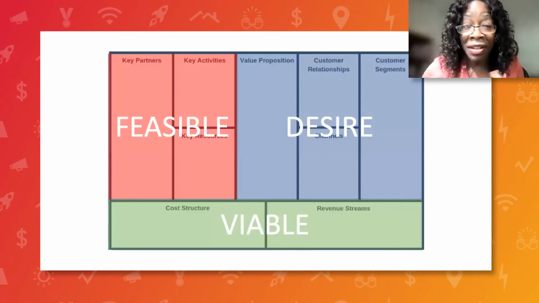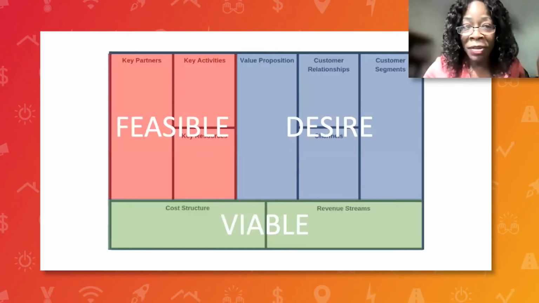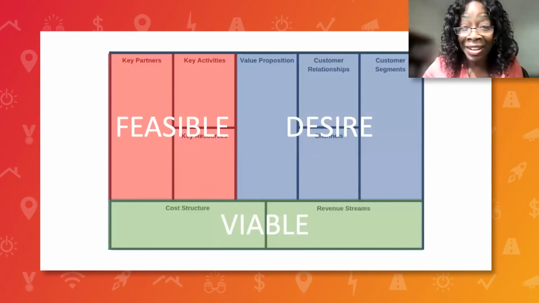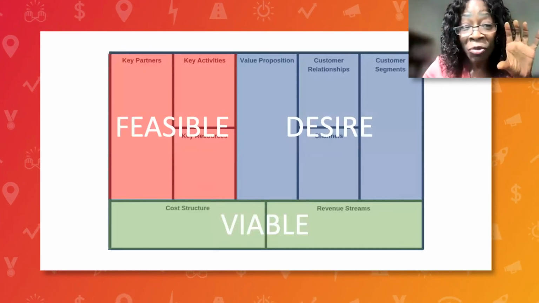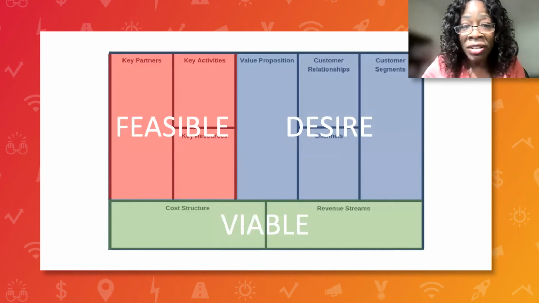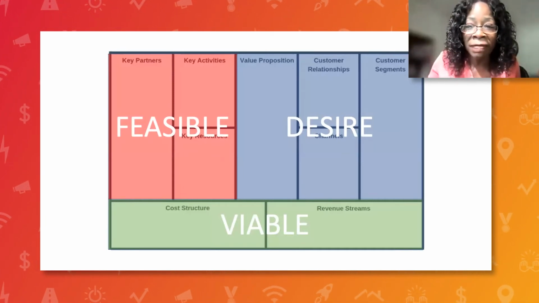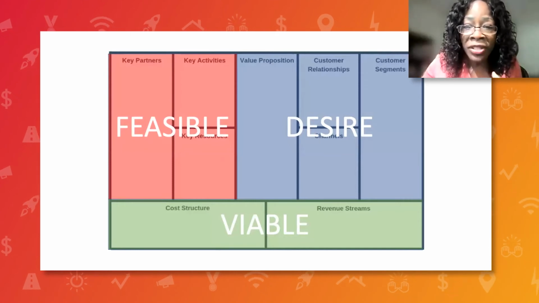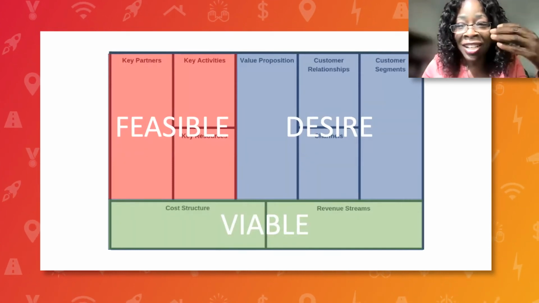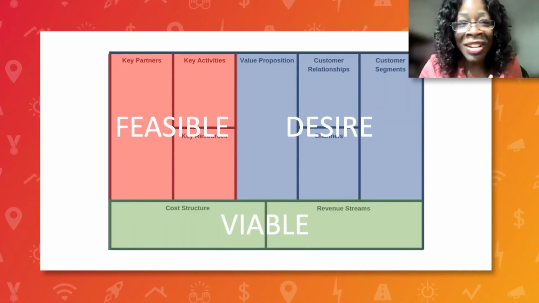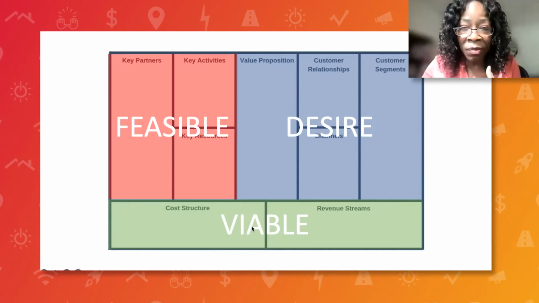I've spent the bulk of our time from the beginning talking about desire, because without desire, you don't have a business, and we talked about that. But even if you have desire, you don't necessarily have a business unless it's feasible.